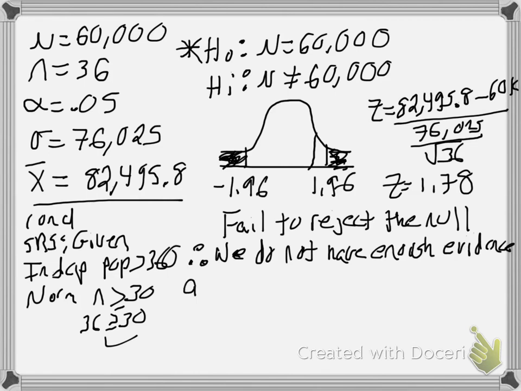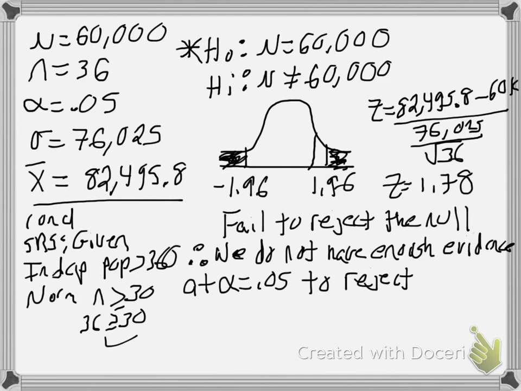Okay, at alpha equals 0.05, to. What is my claim? My claim is H0, okay? So I reject the H0, support the H1. So my claim is H0, so I'm going to put the word reject here. To reject.